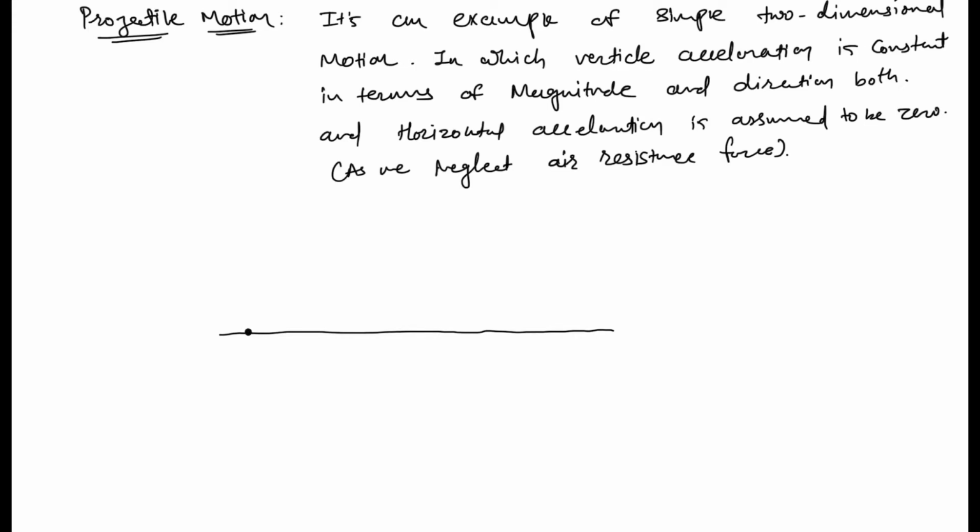Now if a player kicks this ball, it goes like this and lands somewhere on the field just like this. So basically this whole path seems like a semicircular path, but it is not a semicircular path. Later we will discuss this.